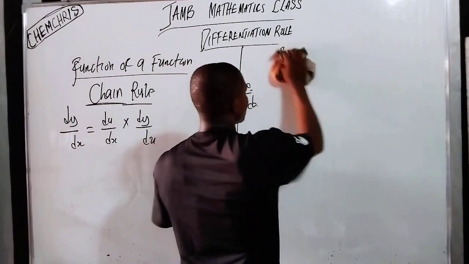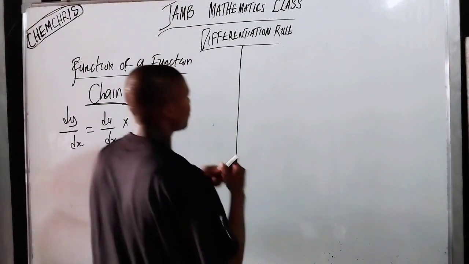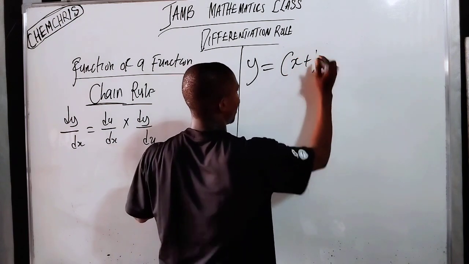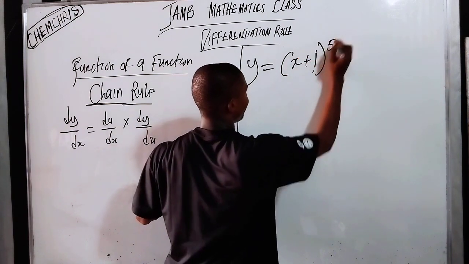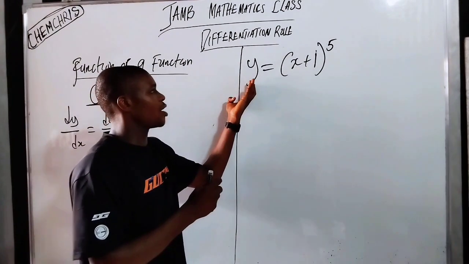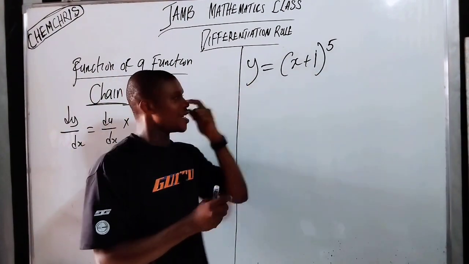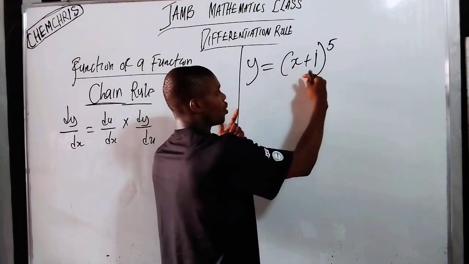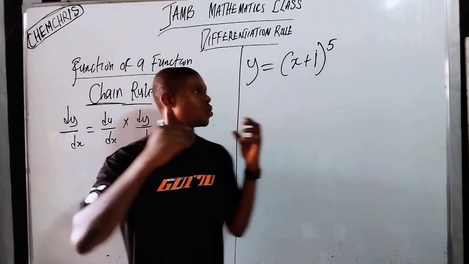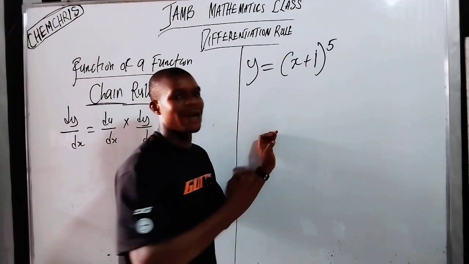For example, here we have y equals (x plus 1) all raised to 5. Now y is already equal to this one here, right? This one inside is called internal, and we also have external. So this one inside will be defined by something else.